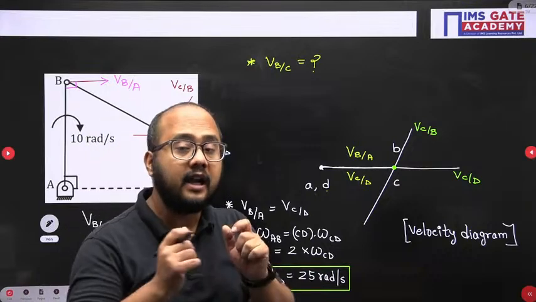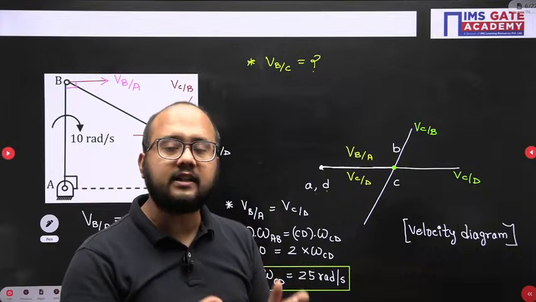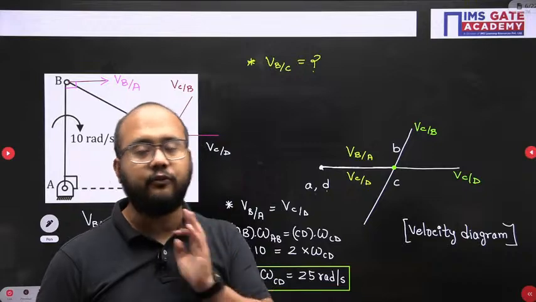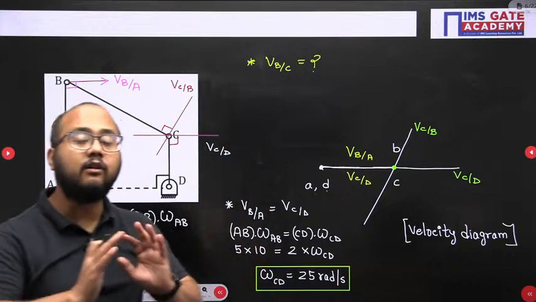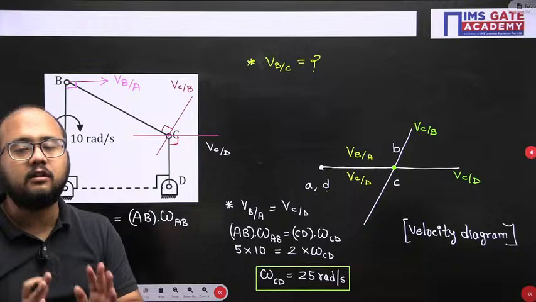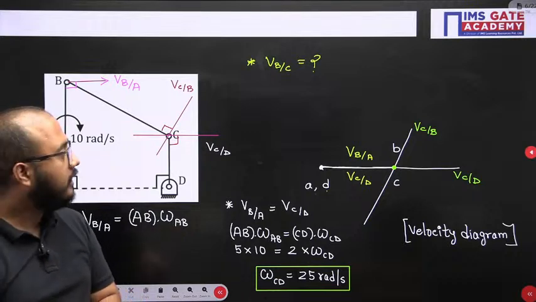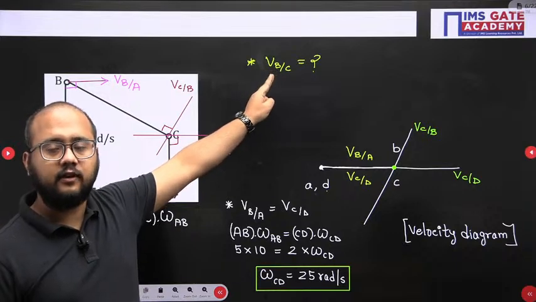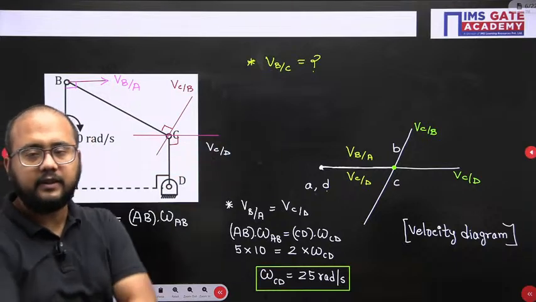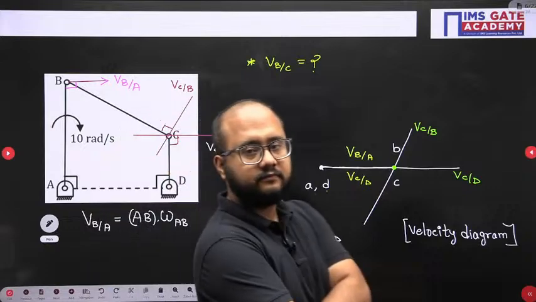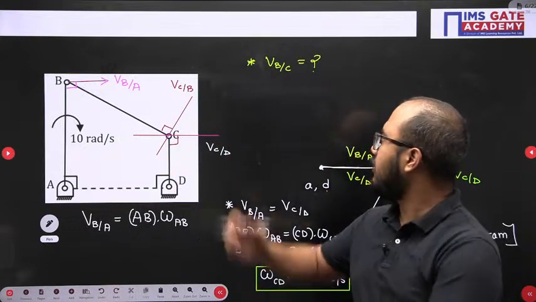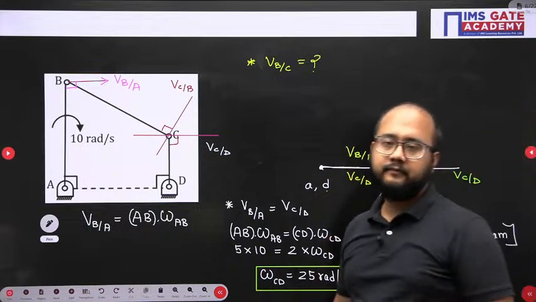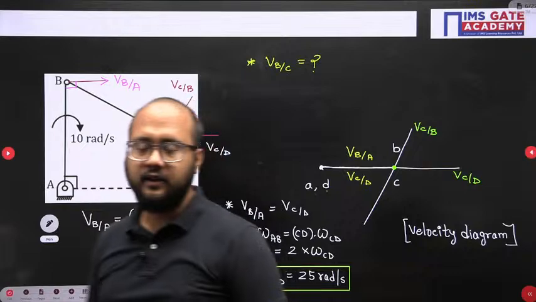Right? So, in the velocity diagram case, you need to follow the fixed procedure, the steps you have to follow. Right? And then in all questions you can easily draw the velocity diagram. Okay. Now tell me what will be the answer for the velocity of B with respect to C. What will be the answer? Yes, definitely.